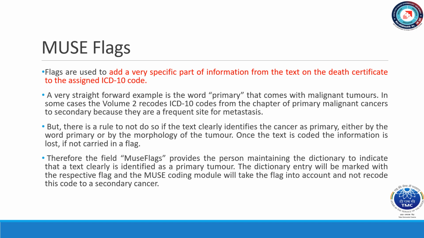Therefore, the field Muse flags provides the person maintaining the dictionary to indicate that a text clearly is identified as a primary tumor. The dictionary entry will be marked with the respective flag, and the Muse coding module will take the flag into account and not recode this code to a secondary cancer.